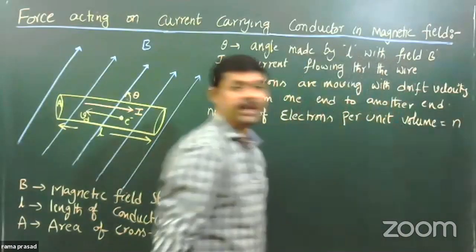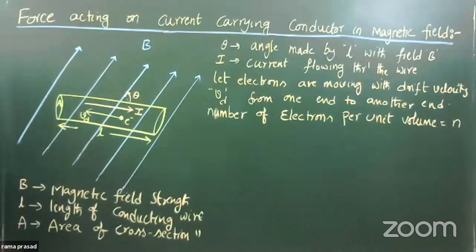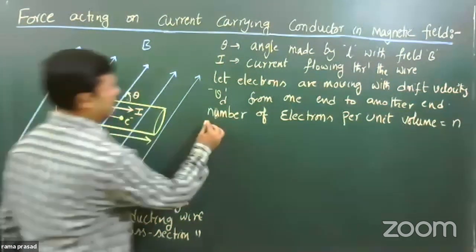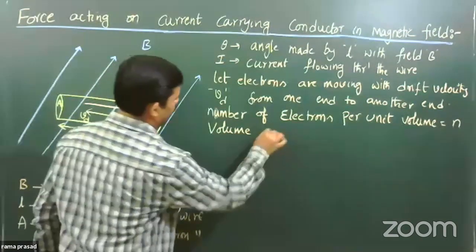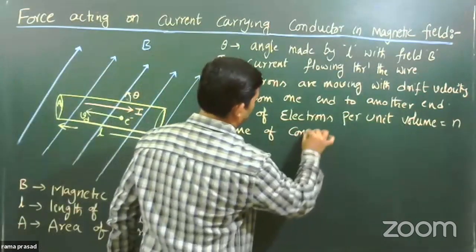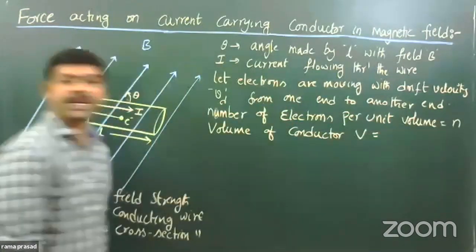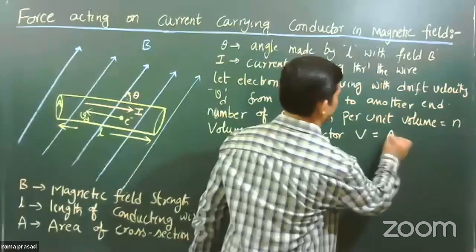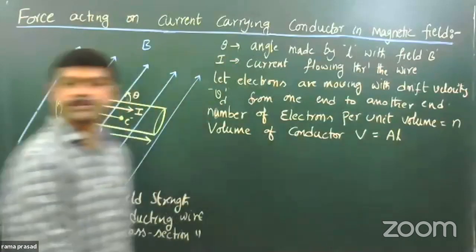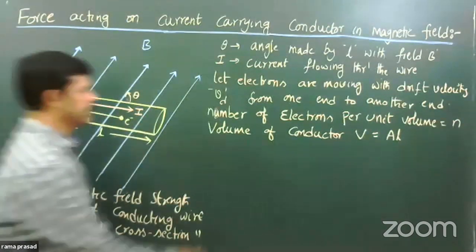Volume of the conductor means area of cross section into length, AL.